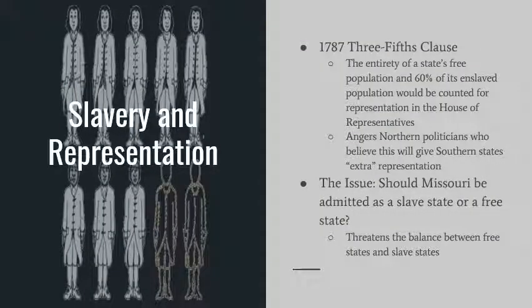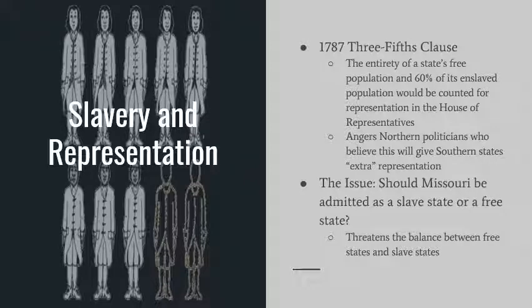Politicians had sought to avoid the issue of slavery ever since the 1787 Constitutional Convention, where they arrived at the uneasy compromise of the 3/5 Clause, which says that the entirety of a state's free population and 60% of its enslaved population would be counted for representation in the House of Representatives.